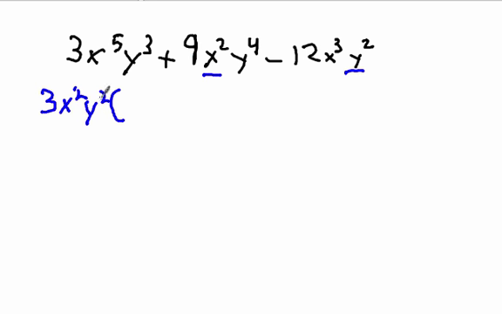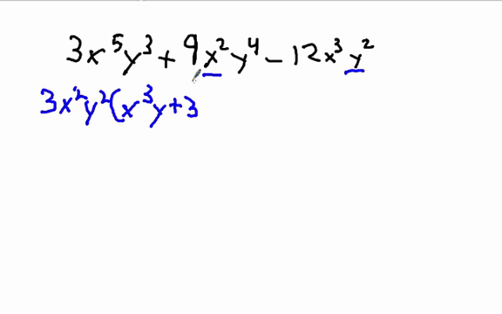3 divided by 3 is 1, so that disappears. X to the fifth divided by x squared gives us x cubed. Y cubed divided by y squared gives us just a y. Then over here, 9 divided by 3 is 3. X squared divided by x squared is 1, so those disappear.